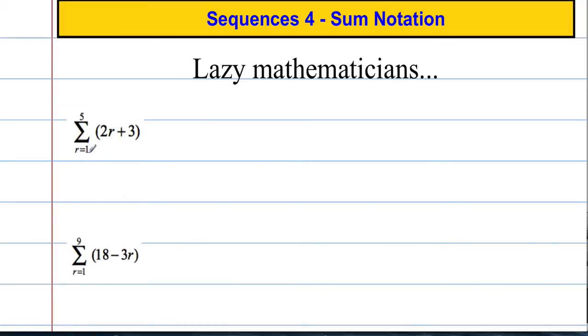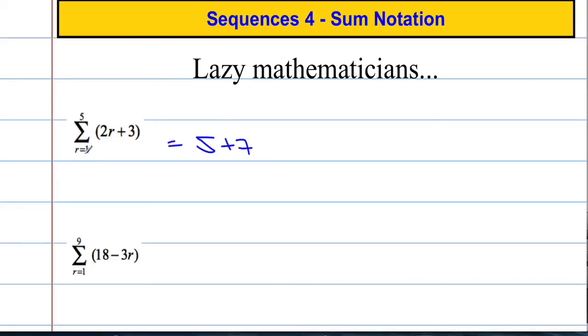If I take 1 and put it into this, 2 times 1 plus 3 is 5, and then I'm going to add to that the next one. I'm going to increase this value by 1, so r is now equal to 2. 2 times 2 is 4, 4 plus 3 is 7.